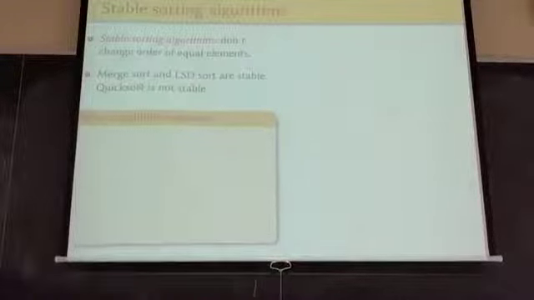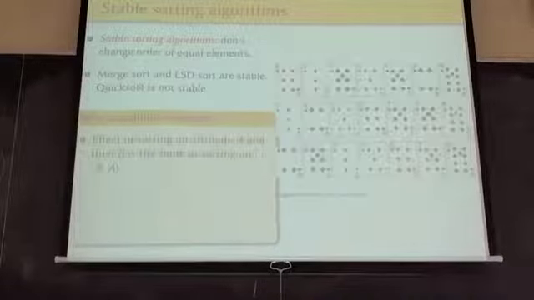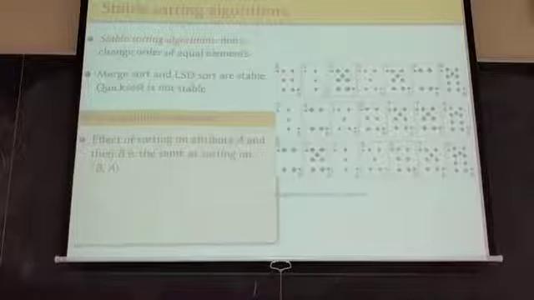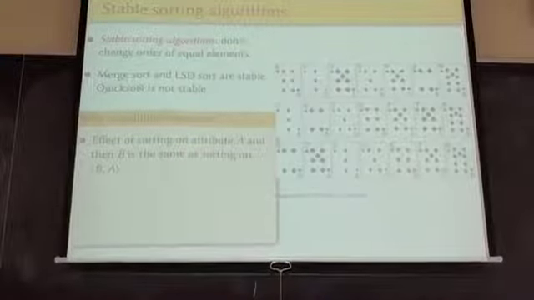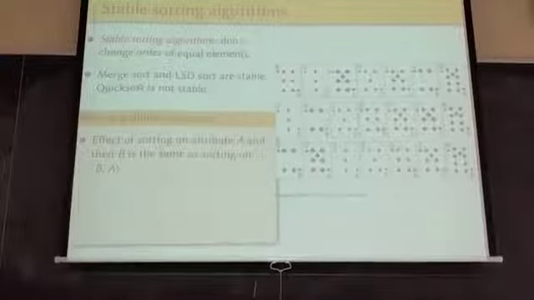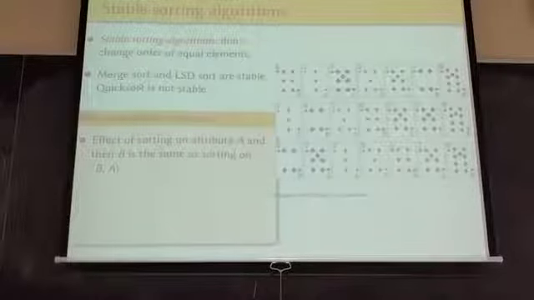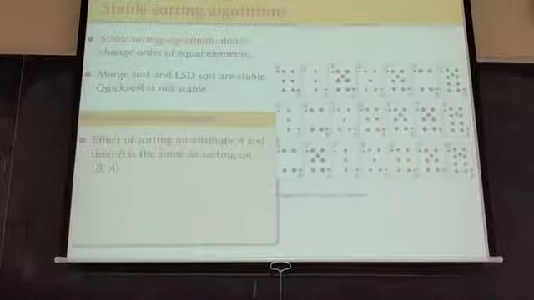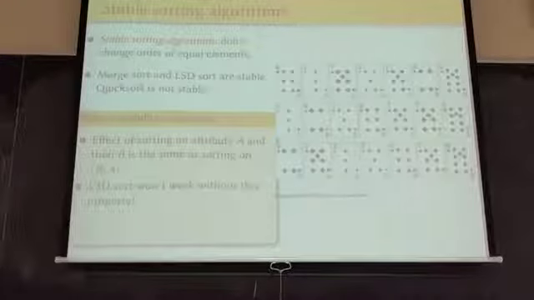So if you have multiple keys that you want to sort on, you can sort on one of the keys, then sort on the second key, and you will have the results sorted on both keys. We had this example of sorting cards.